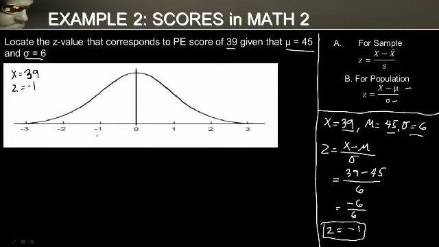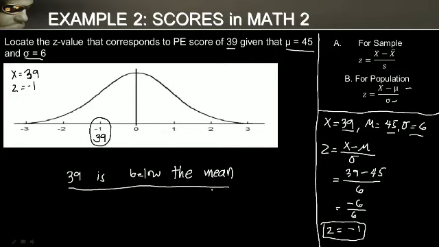So, ilalagay natin si 39 kay negative 1. So, kung mapapansin ninyo, nasa left side po ang 39. At the same time, pag nasa left side ay mga negative. So, therefore, 39 is below the mean. Yan. So, this is our answer for our example number 2.